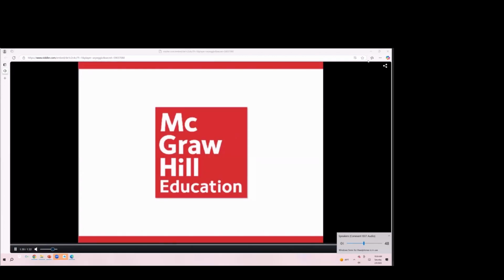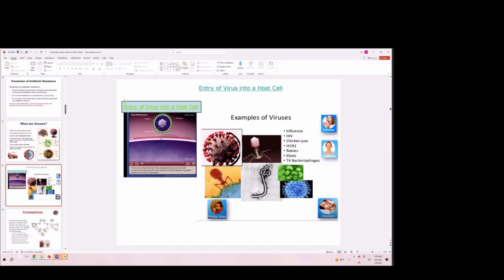So what we see here is that this virus can attach to receptors and get in through a process that our cells normally use to bring material in, endocytosis. And once inside, the capsid is removed and the nucleic acid, RNA or DNA, becomes available.